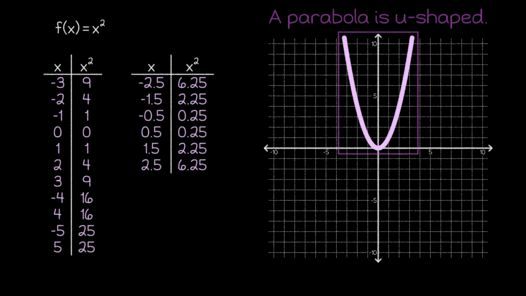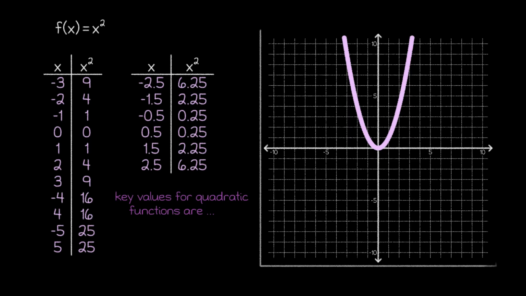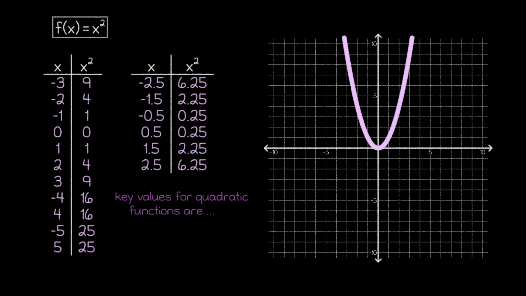Now that we know more details about the shape of this graph, we're in a better position to decide what our key values should be. And to do that, we just need to decide which points we need to plot here to get a good picture of the graph. Thankfully, this is a pretty easy conversation for the quadratic parent function because we can simply use the 7 points that we started with.